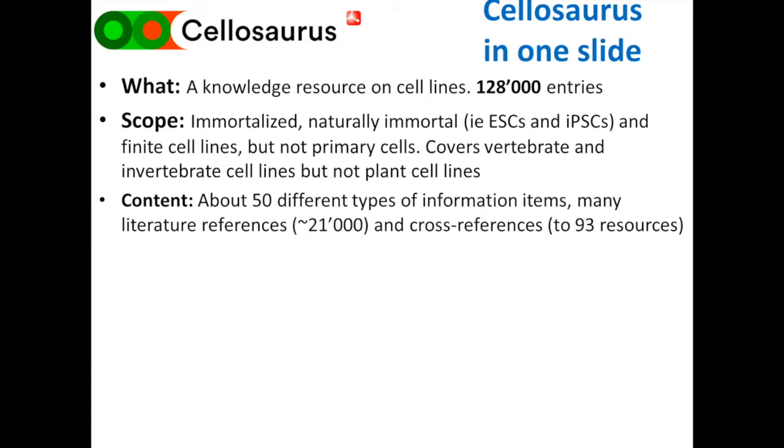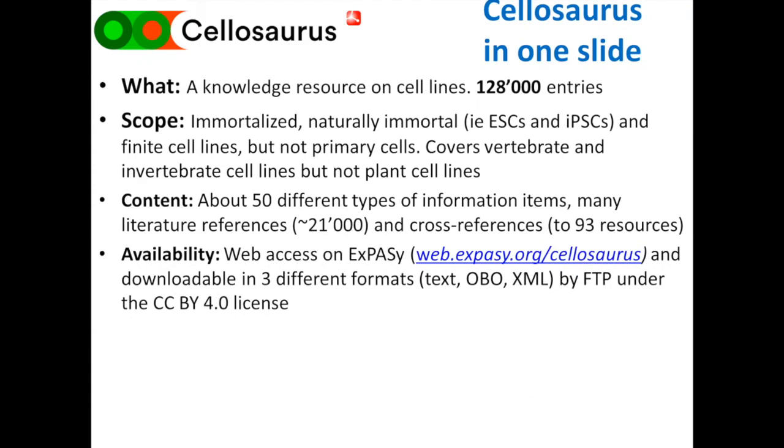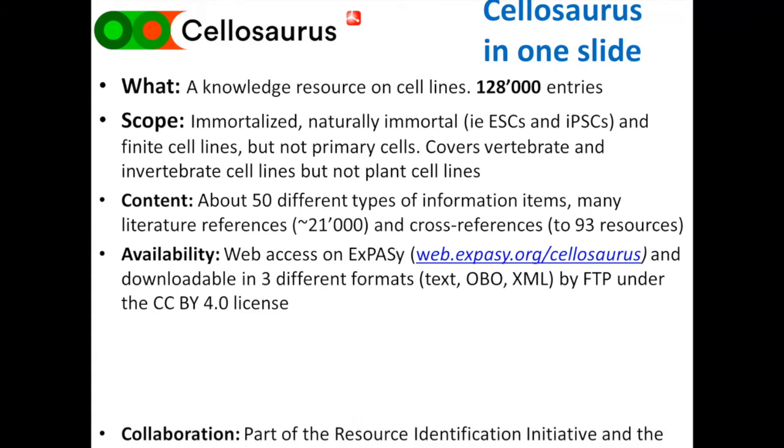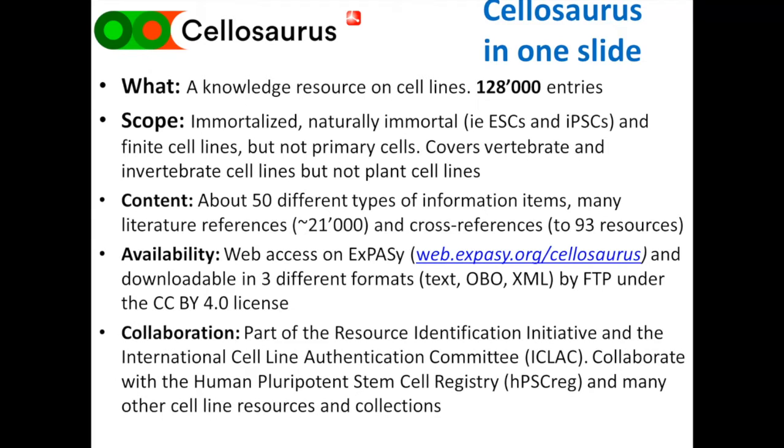There are about 50 different types of information items, many literature references and cross-references. We'll come back to it. It's available by web access on ExPASy. We'll also see that. And you can download it in 3 different formats, either in text mode, OBO, or XML by FTP. And it's available under the CC BY license. It's part of the Resource Identification Initiative and the International Cell Line Authentication Committee.